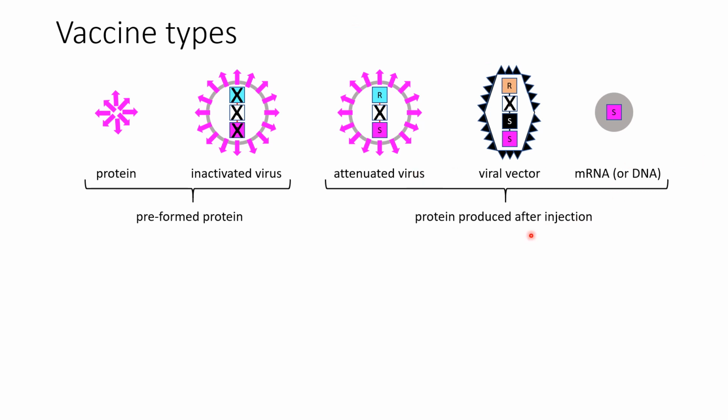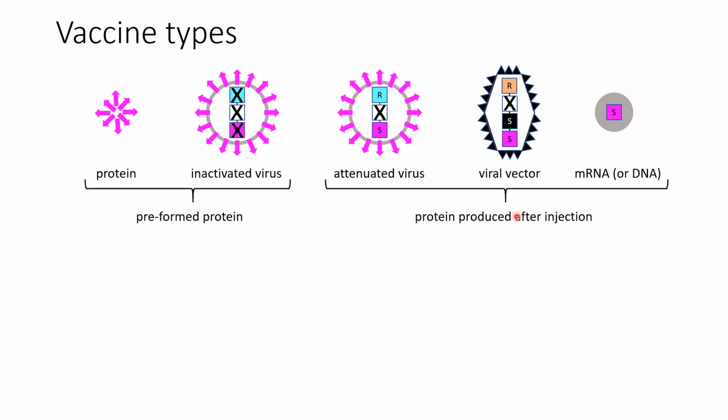In these three cases, the protein of interest is actually produced after infection using the cellular machinery, and I will detail this for the viral vector and the messenger RNA vaccine in the next slides. There are some differences in how one responds to these two technologies, but for our purposes, they are similar.